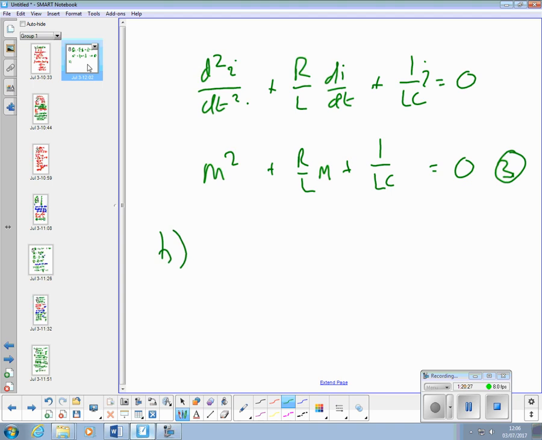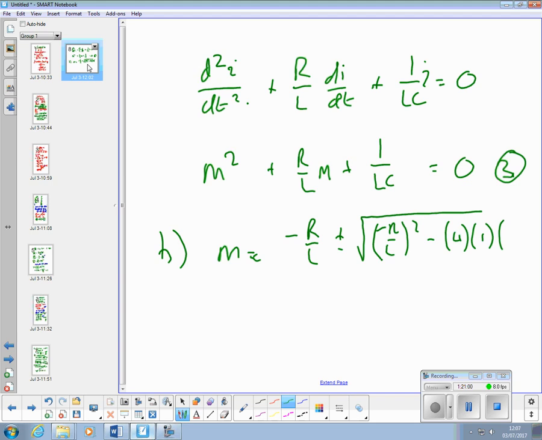Right, so B is that you're going to use the quadratic equation. So m is equal to minus b, so it's minus R over L, plus or minus the square root of minus R over L, we'll put the numbers in a minute, squared, minus 4 times 1 times 1 over LC, all over 2.